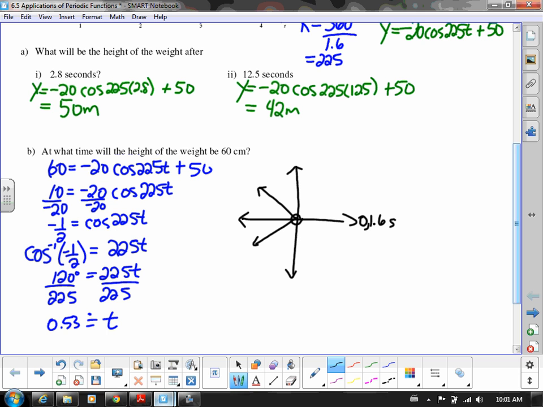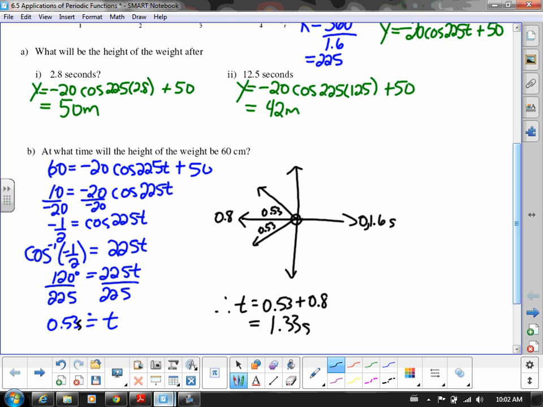So we found that 0.53 value. So this is 0.53, which means I must have 0.53 on this side. Therefore, the other time that you're going to have is 0.53 plus, this is half the rotation, plus 0.8, which would be 1.33 seconds.